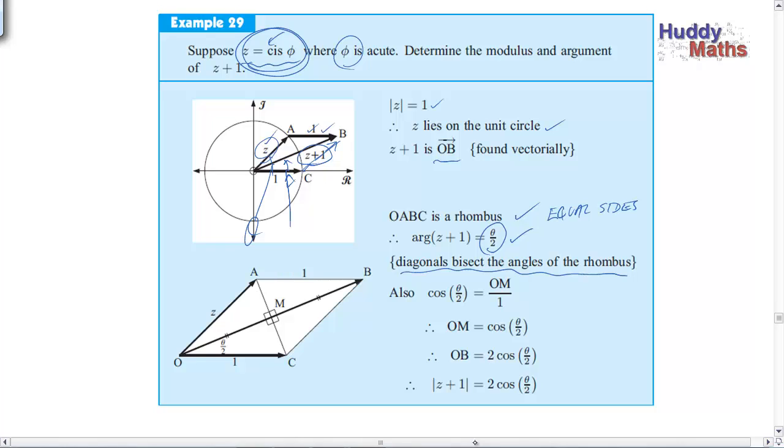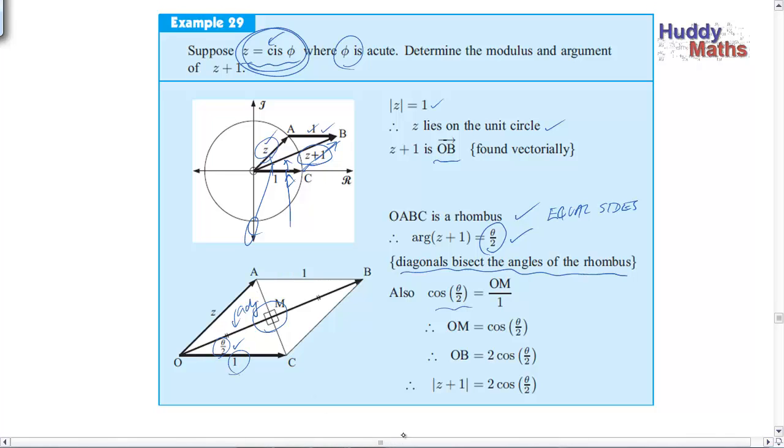If we look at the cosine of theta on 2, let's have a look. Diagonals of a rhombus bisect each other. Got to use that. We've got theta on 2 here. So the cos of that is OM, which is that length there, OM over 1, right? Adjacent over hypotenuse.